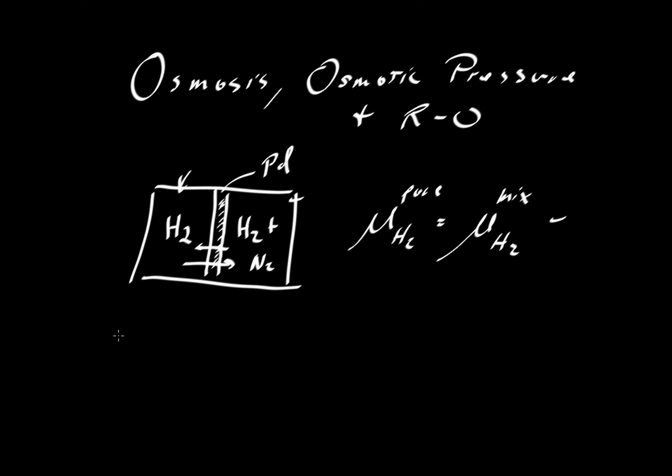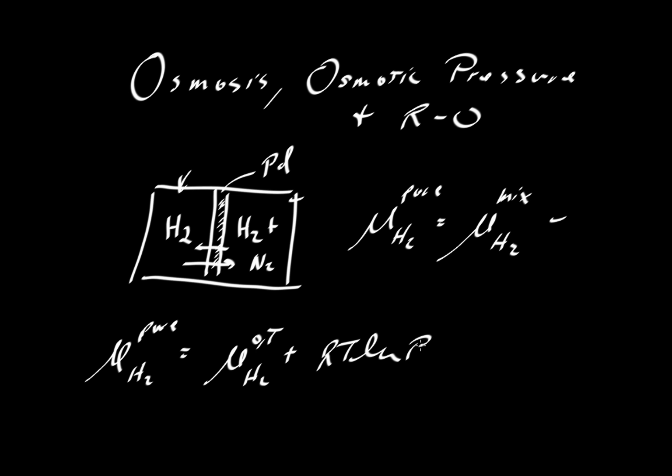So what do we know about the chemical potentials? We know that the chemical potential, there's a very sloppy mu of H2, for the pure stuff will be equal to the chemical potential of the pure stuff at some given temperature plus a correction for the pressure. Let's call it RT ln of the pressure of H2 for the pure case.